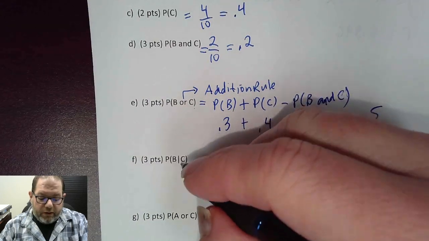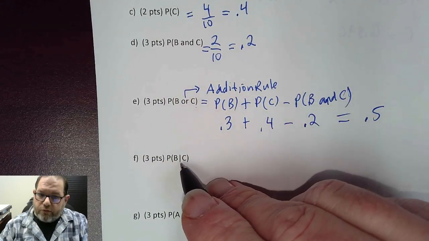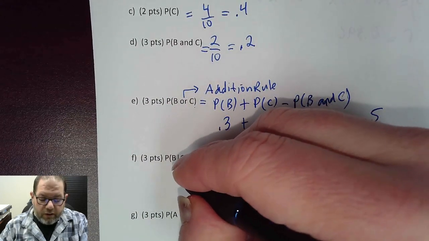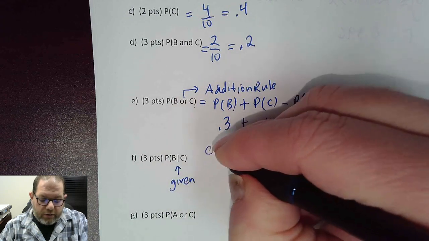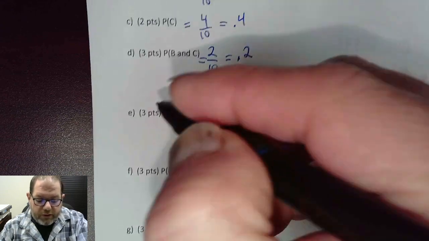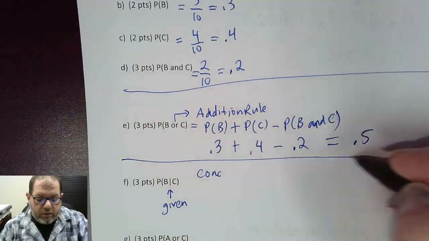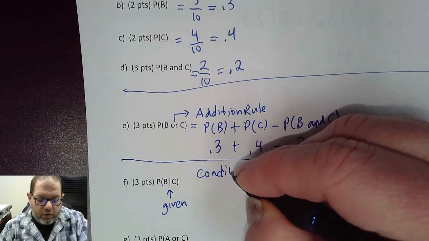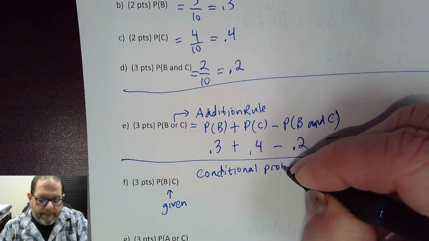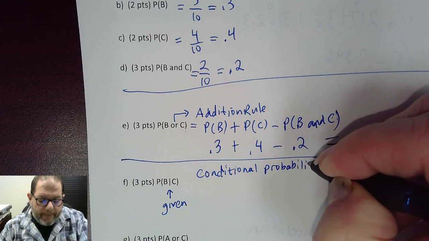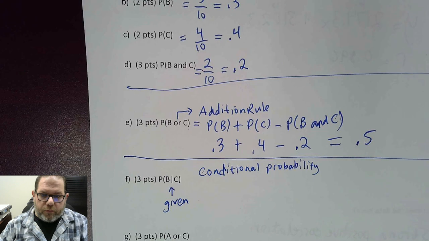Probability of B, and this vertical bar means given, and it indicates conditional probability. Okay.